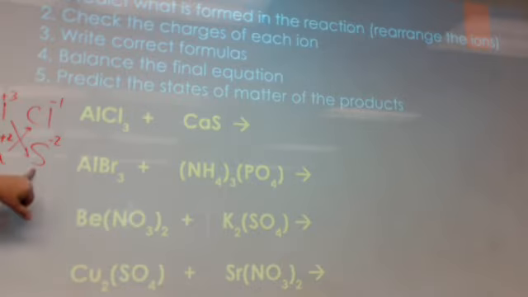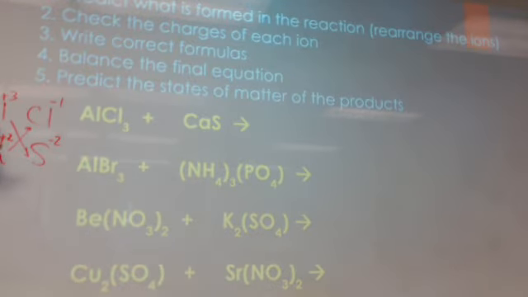So aluminum is going to go with sulfur. Could I write sulfur and then aluminum? No, why not? You said no. Because what? You were right. Say it again. Because what comes first?